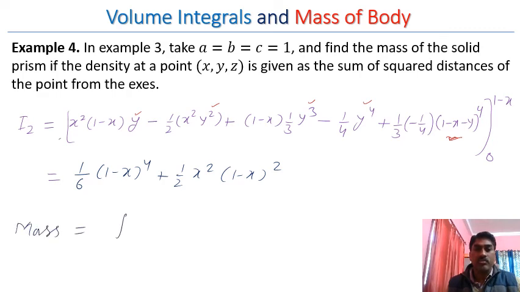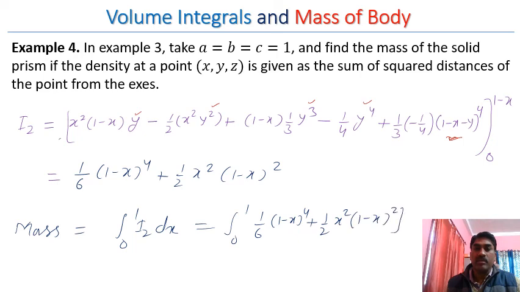mass is the integral from 0 to 1 of I2 dx. We have integrated one by one: for the internal integral, the z integral, then the middle integral, meaning the y integral, and then this is the final integral. So just put 0 to 1, 1 by 6 (1 minus x) to the power 4 plus 1 by 2 x square (1 minus x) whole square, with respect to x.